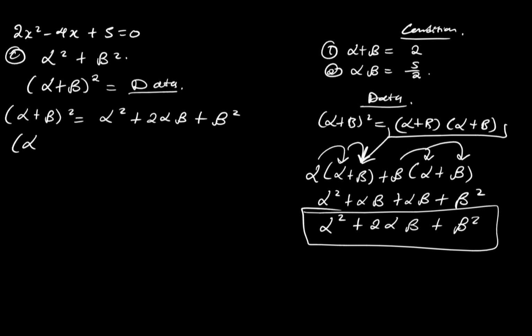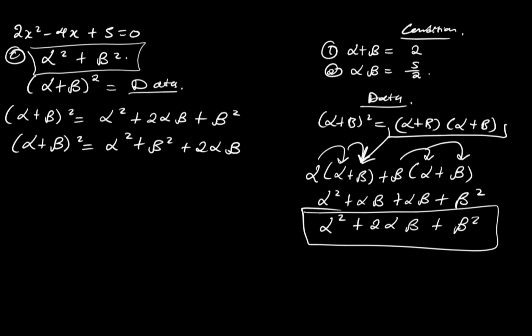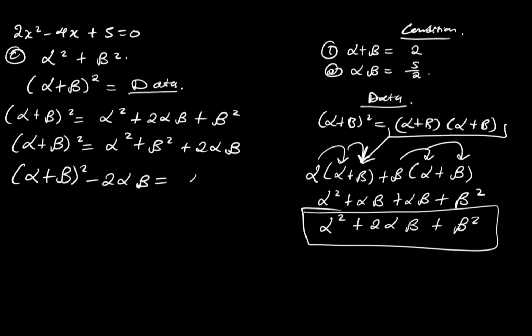So I'm having alpha plus beta squared, so I can put alpha squared plus beta squared like that, then say plus 2 alpha beta. So now for me to get this condition that I'm having in my question, I can take the plus 2 alpha beta to the other side of the equation, and I'll have alpha plus beta squared, then minus 2 alpha beta being equal to alpha squared plus beta squared.